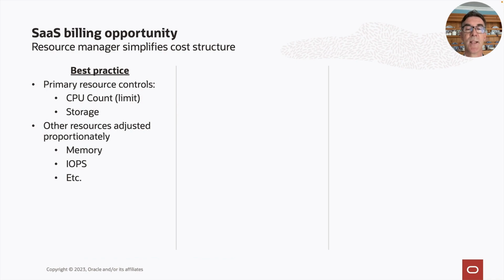Likewise, when running a SaaS business, particularly when it's based on multi-tenant, Resource Manager greatly simplifies the cost structure. You have the opportunity to present a simple pricing structure to your customers. Best practice is to use CPU and storage as primary controls. Index other resource controls to these primary ones.